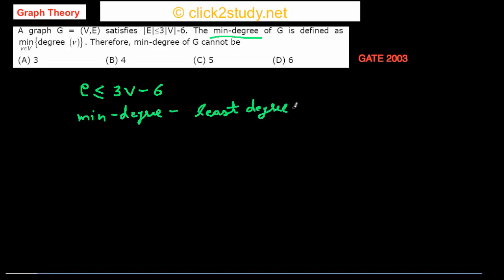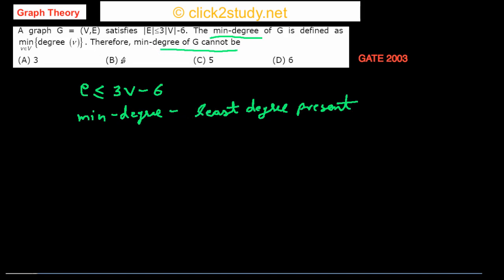It's the least degree present in the graph. Different vertices will have different degrees, and one of them will have the least degree, and that degree is the min degree. And then it says therefore min degree of G cannot be.